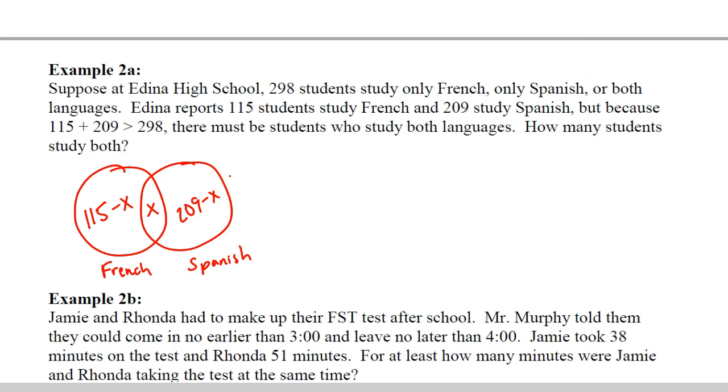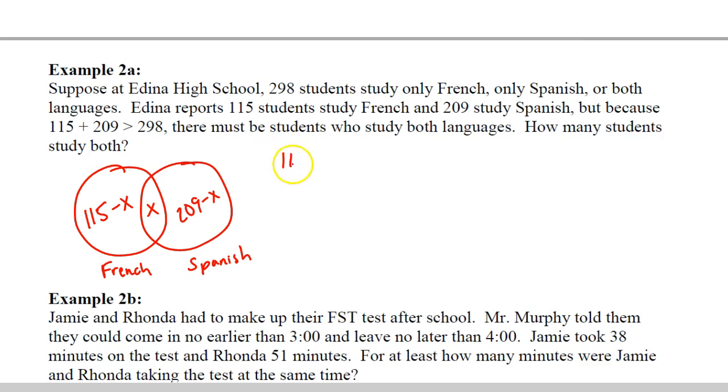Well, we know in total that there's 298 students that are taking only French, only Spanish, or both. So if I were to add up this section, this middle piece, and this section over here, I'd end up with a total of 298 students. So here's how we're going to set this up as an equation.